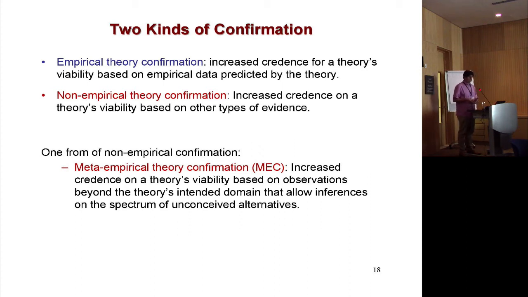So that's straightforward. Though I may not have the time to point that out in detail, I would argue that empirical confirmation always needs to be supported by non-empirical or meta-empirical confirmation in order to understand its significance, its relevance.